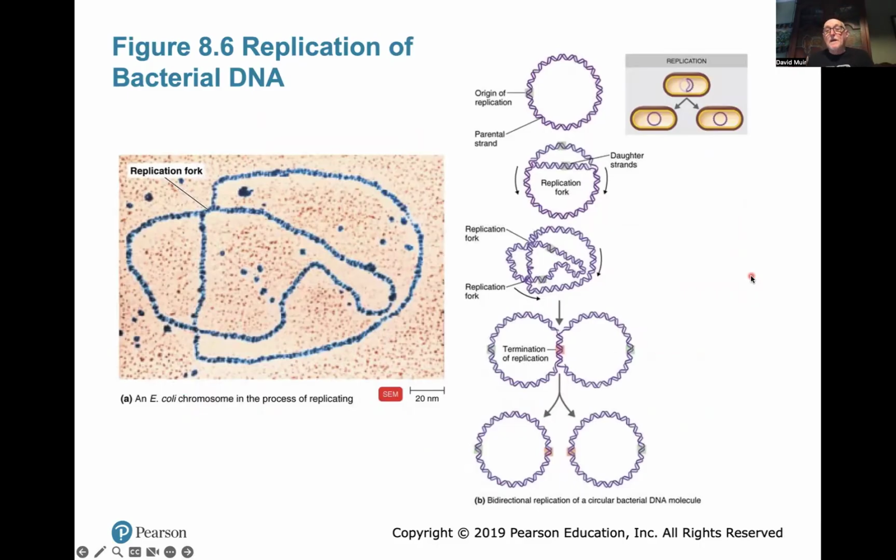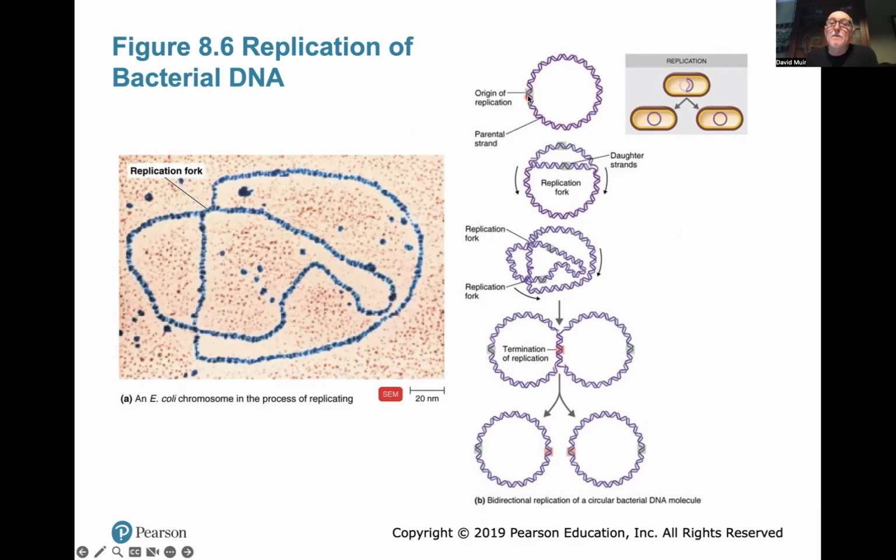Okay, so there is a difference in the replication of DNA in prokaryotes and that in eukaryotes. Remember that the prokaryote chromosome is a circle. It's a single circular chromosome, very long compared to the size of the cell, but nonetheless, it's a complete circle.